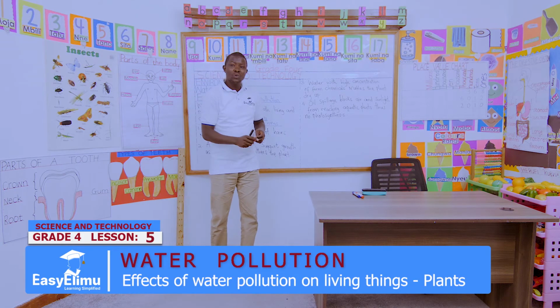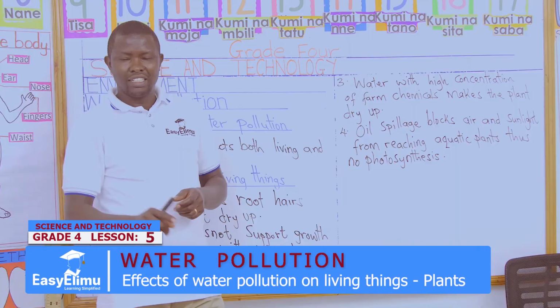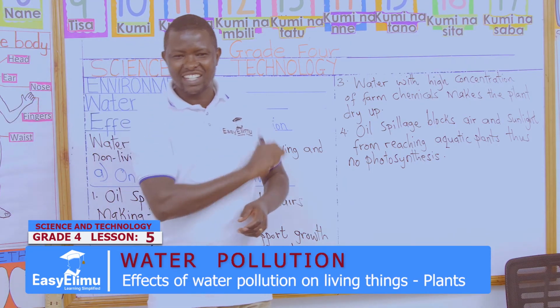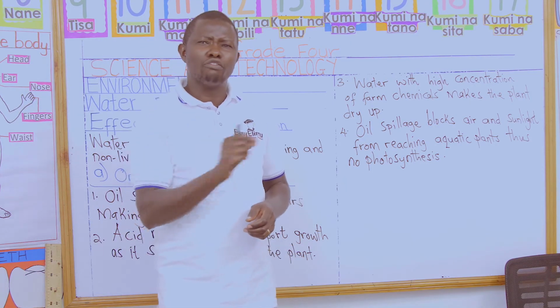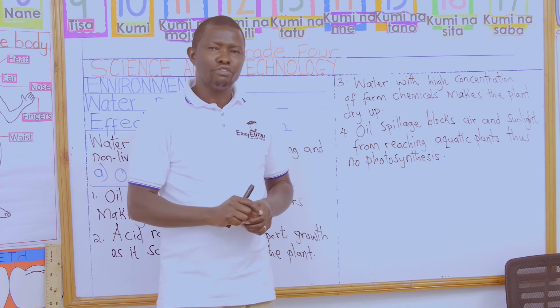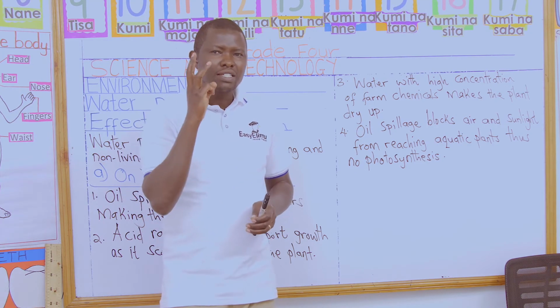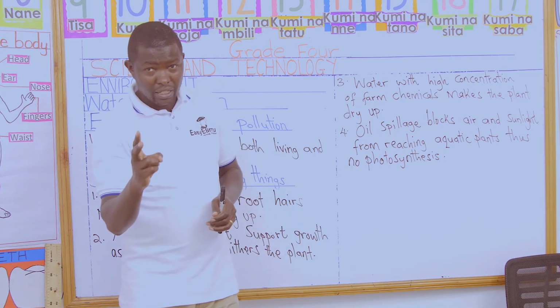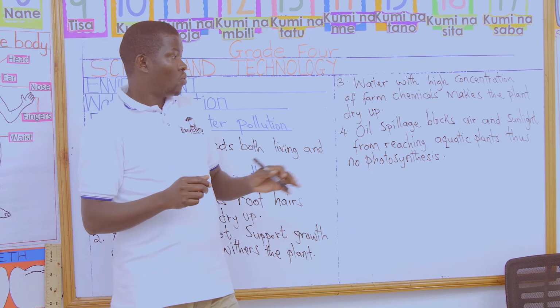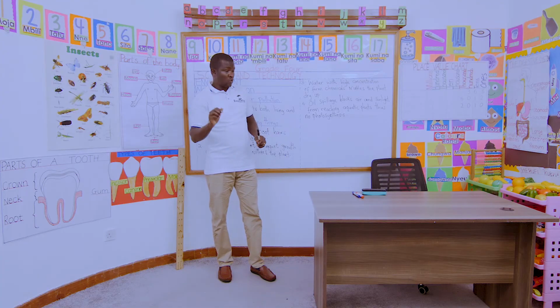From Jane, why do we need sunlight and air? During photosynthesis, correct. Plants make their own food. When they are making their own food, they will require sunlight and air, in particular carbon dioxide. Why does it need these gases and sunlight?